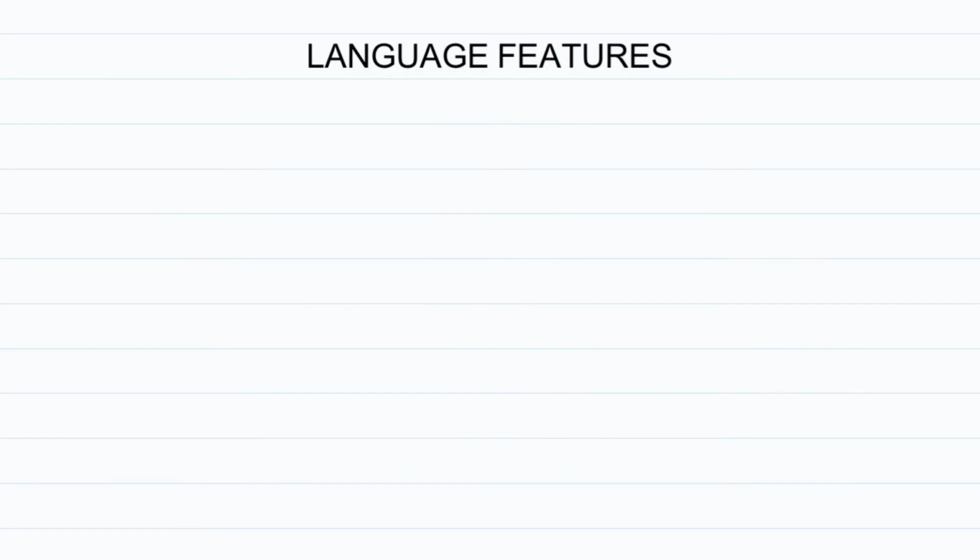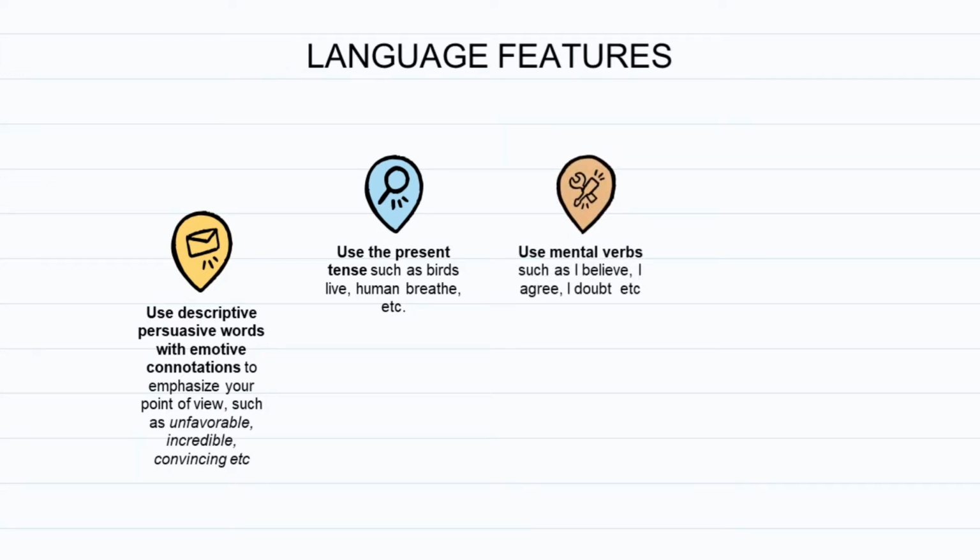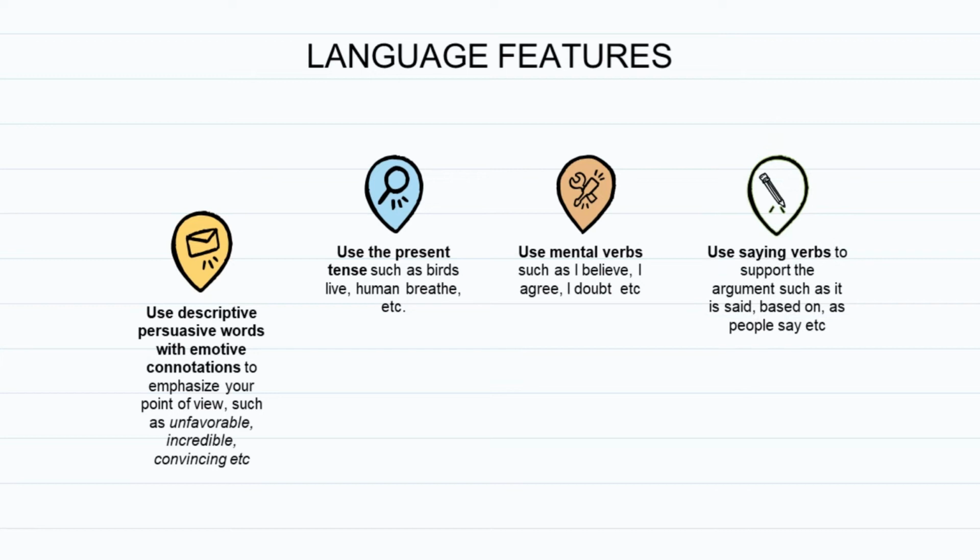So, let's see the language features. It uses descriptive persuasive words with emotive connotation to emphasize your point of view, such as unfavorable, incredible, convincing, etc. It uses the present tense such as bird's life, human breed, etc. And it uses mental verbs such as I believe, I agree, I doubt, etc. It uses saying verbs to support the argument such as it's said, based on, and people say.